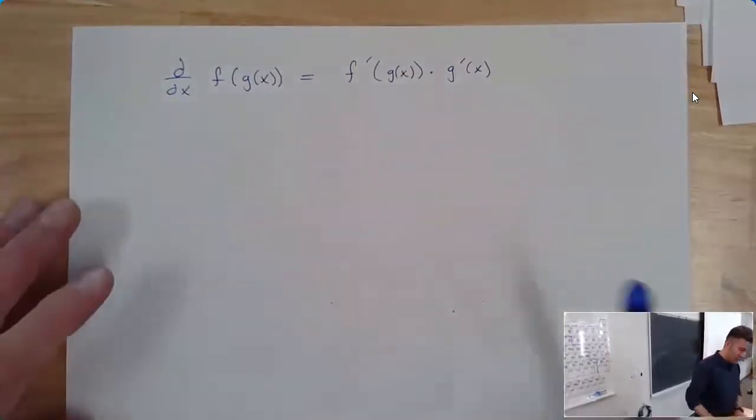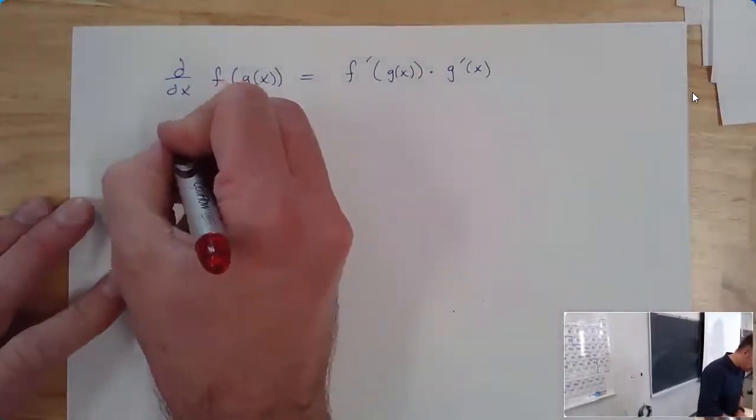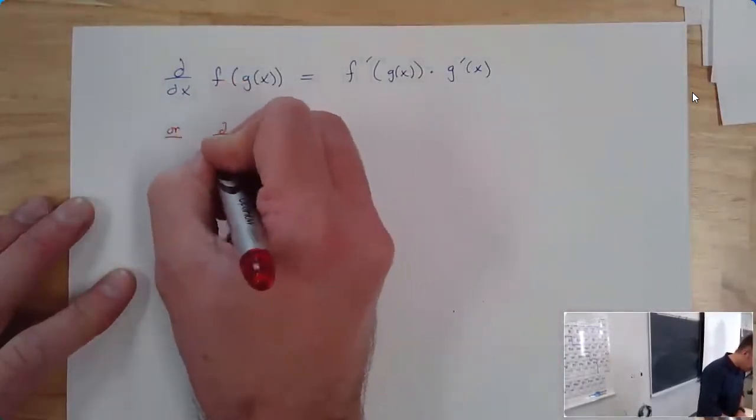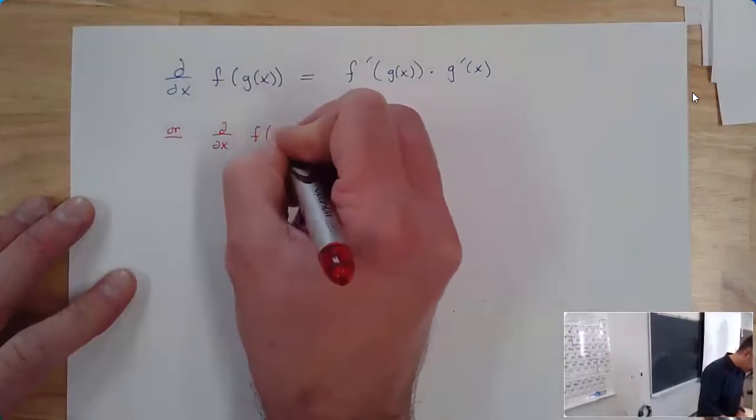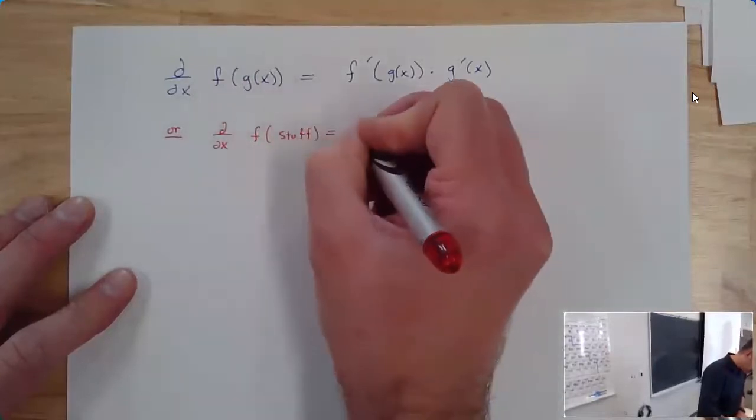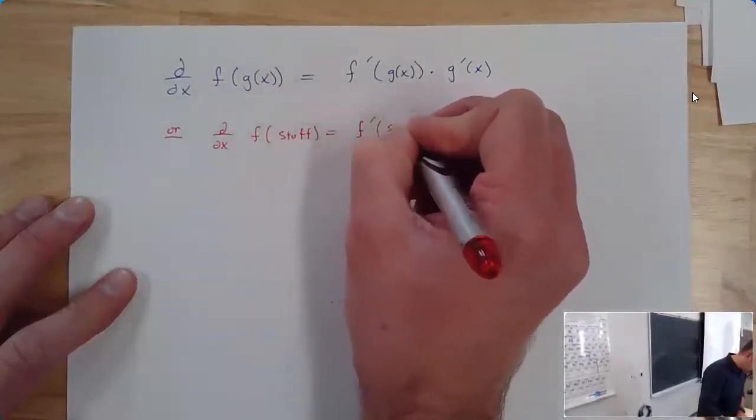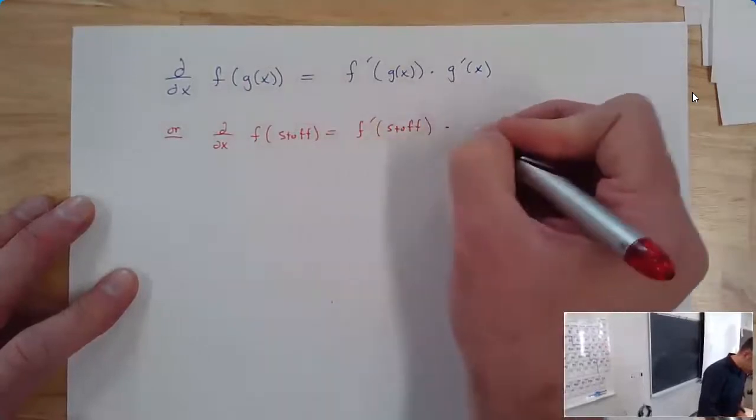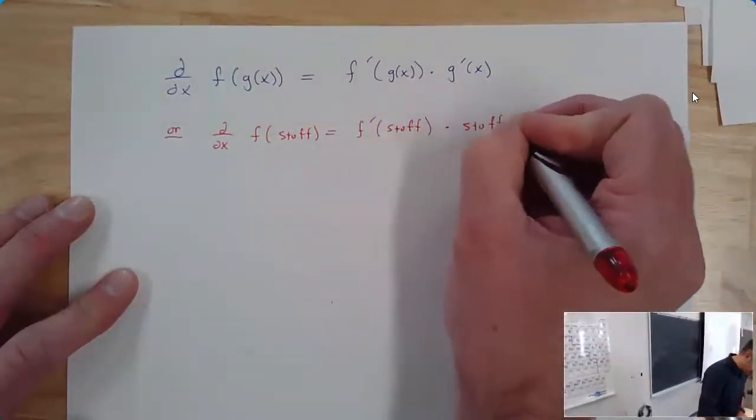Or as I would really, really encourage you to think of it, the derivative of a function of some stuff is f prime of the stuff, differentiate the outside, leave the insides alone, multiply by the derivative of the inside.